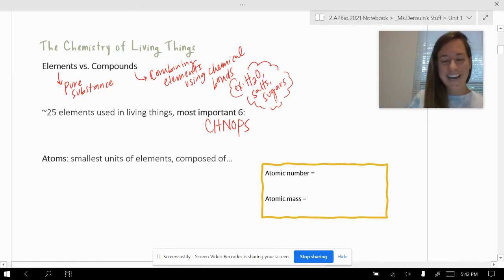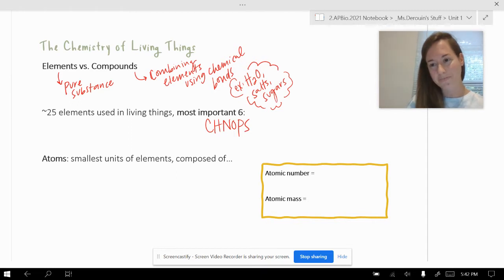So it's carbon, hydrogen, nitrogen, oxygen, phosphorus, and sulfur. And most of those are going to be ones that we talk about a pretty decent amount this year. We won't talk a whole lot about phosphorus and sulfur, but the other ones are a big deal. So those are the elements that make up the majority of you, and also the majority of all the other living things on the earth.